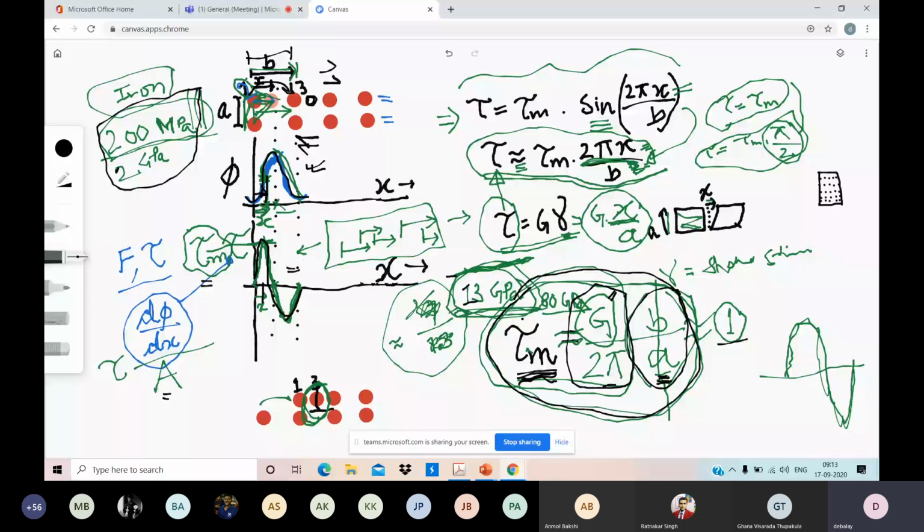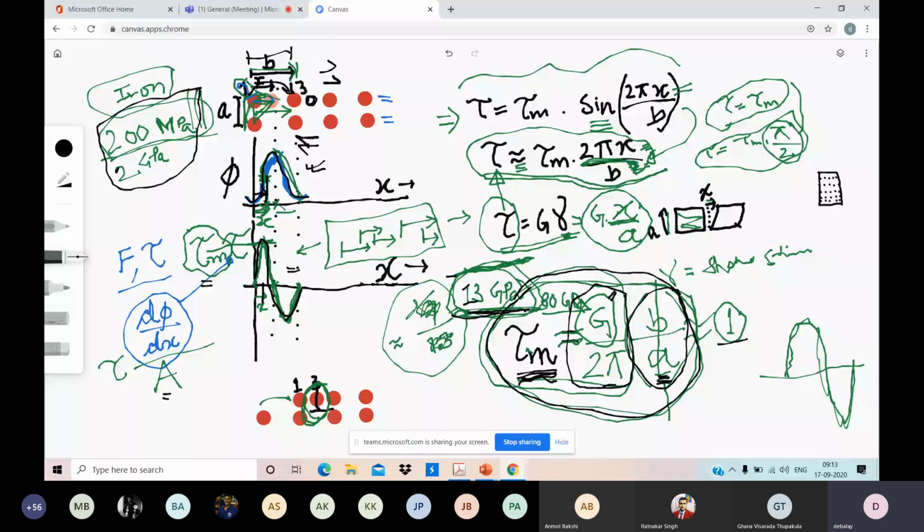So I asked, when will you find pure iron also deforming at 13 GPa strength? Is it possible that a pure iron deforms, starts the deformation at 13 GPa strength?